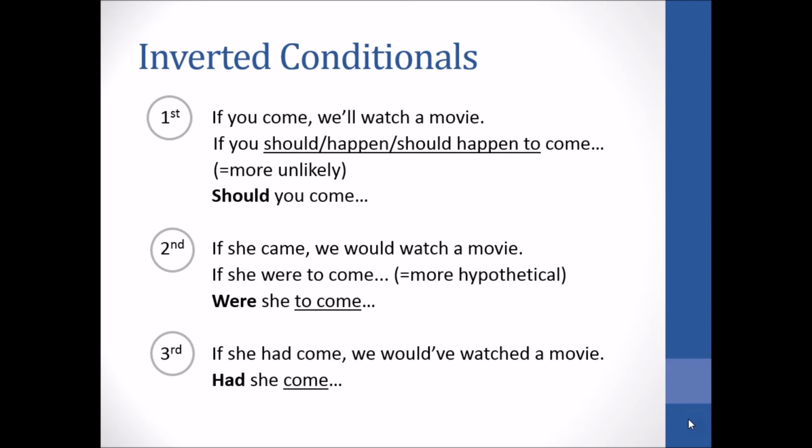You simply replace the if by had and then the verb. If you look at them, they look like questions, right? As if they're all questions, but they're not questions. We're just making the conditionals more formal and more emphatic. We're going to deal with similar structures in the next course unit when you deal with stylistic inversion.